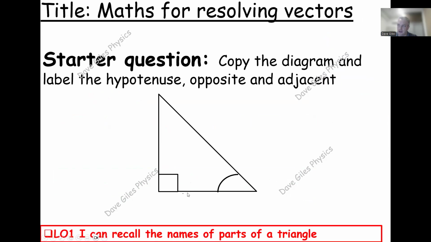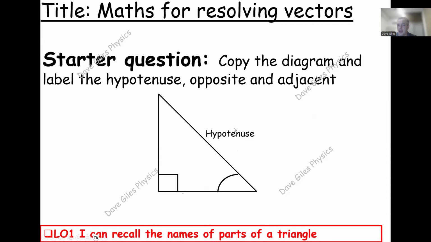So here's a triangle, a right angle triangle to be more precise. And we've got an angle here, and we've got different parts: the hypotenuse, the opposite, and the adjacent. The first one to mention is the hypotenuse. A hypotenuse is always the longer side, and it's opposite the right angle.